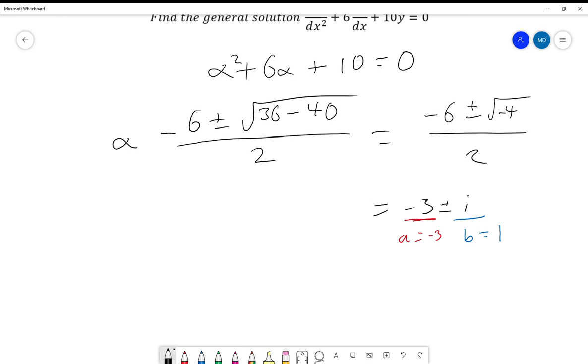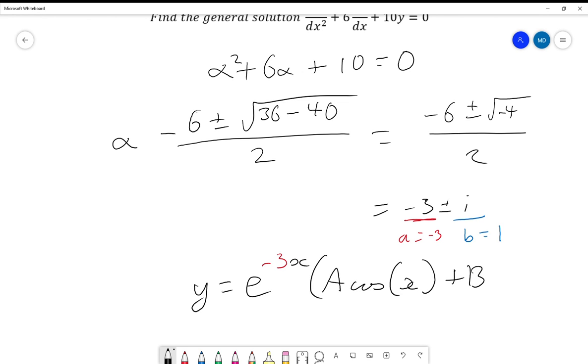And so our general solution is y equals e to the power of negative 3x multiplied by a lot of cosine of 1x, so in fact in this case just x, plus b lots of sine of 1x, so again just x.